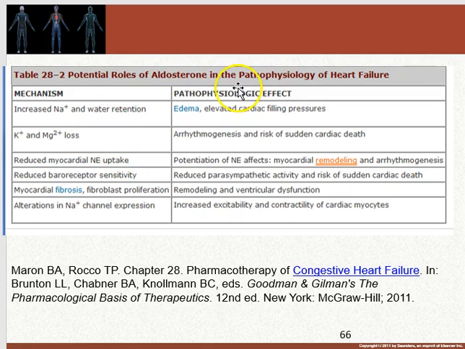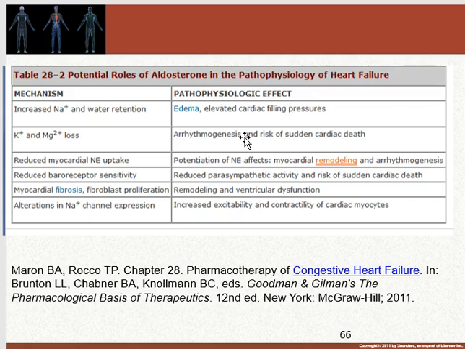The pathophysiology stems from excess sodium and water retention, thus producing edema. Potassium and magnesium loss can be pro-arrhythmogenic. There can be reduced synthesis or uptake of myocardial norepinephrine.